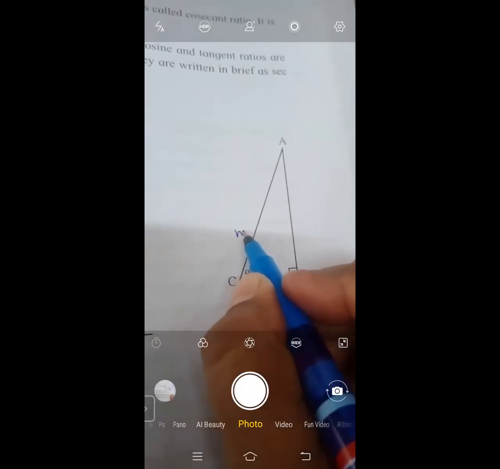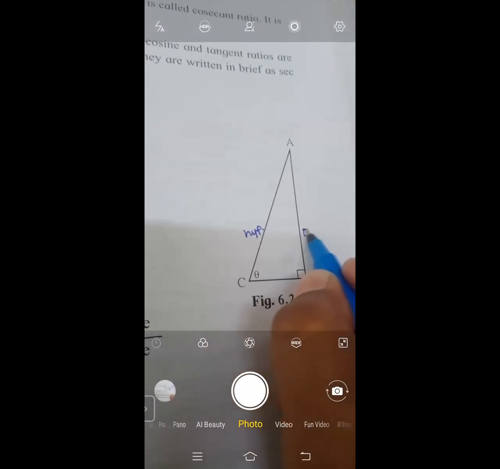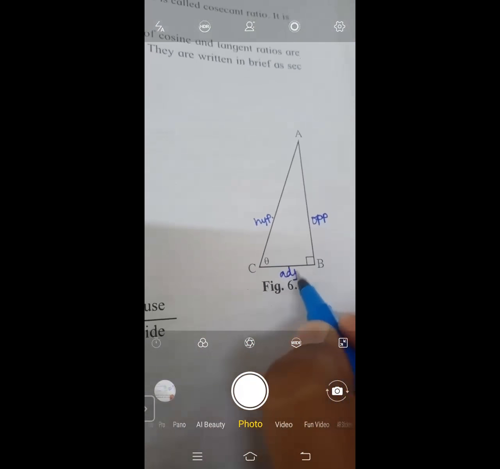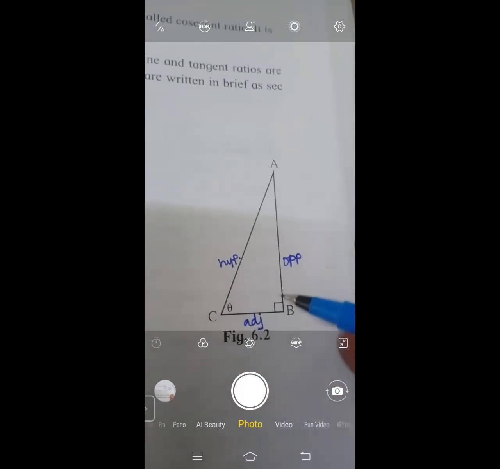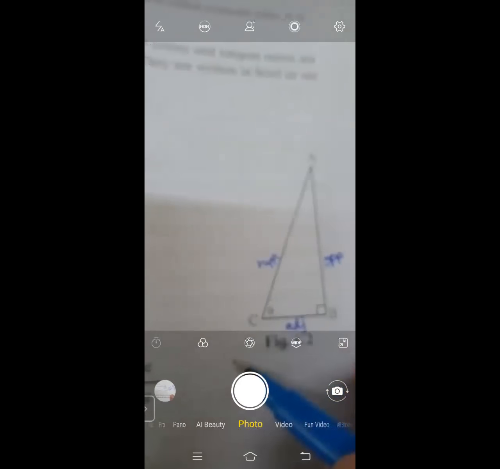So again, what is sin theta? Sin theta is opposite upon hypotenuse. Now this forms the hypotenuse, and this is the side opposite to the angle. If this is opposite, the remaining one will become adjacent. So opposite is AB, upon hypotenuse, which is AC.